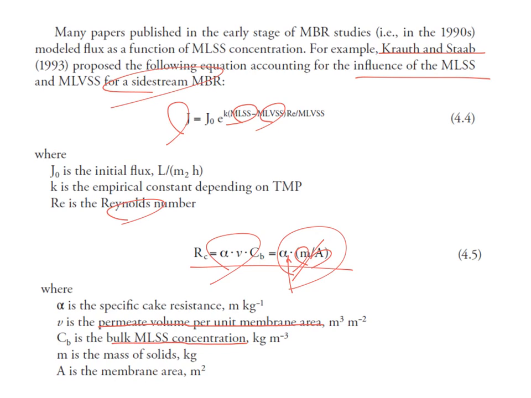So there is no scouring, no back transport, no other effect, and all MLSS are just deposited. The efficiency is 100%. So in fact, the actual cake mass and cake resistance may be smaller than the calculated value, because this assumption is very limited.